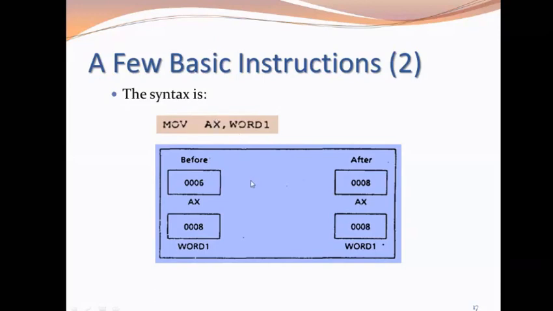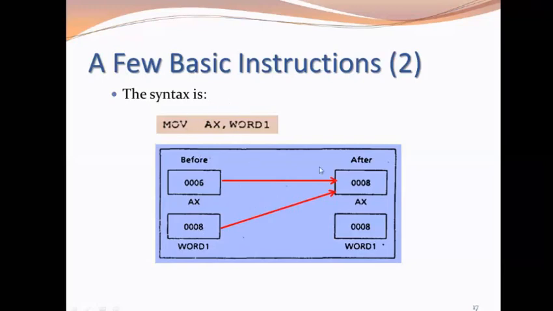We are just learning how data is moving from one register to another register, or from one register to the memory. If you look at the red color lines, you can understand. Before executing this instruction, the value for AX is 006, and the value for the word, which we consider as memory because it is a variable, is 008.